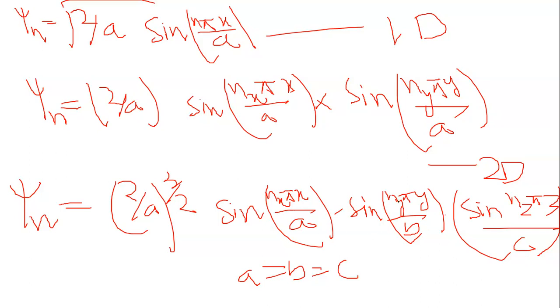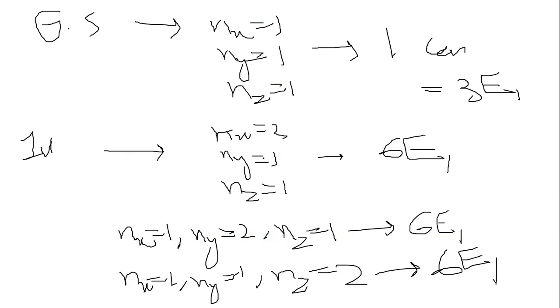But when ny equals 2 and both nx and nz are 1, it will be sine pi x by a, sine 2 pi y by b, and sine pi z by c. So in this case, the wave functions are different, but the energy values are the same.